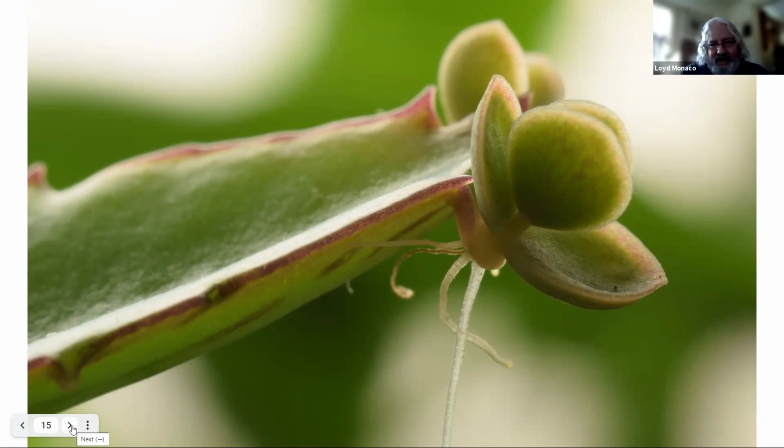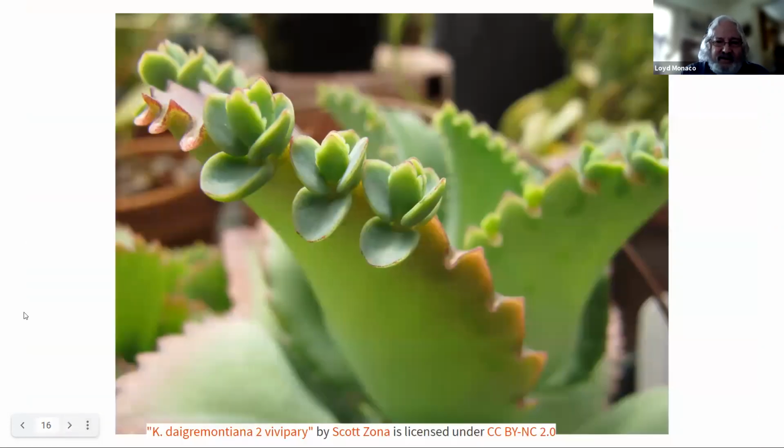No, this is a mother of thousands, because if you'll notice on the upper part, you can see the serrations. Even though the plantlets are at the very tip of the leaf, you can still see the serrations and that the plantlets are forming at the edges of the serrations, because you can see where that stem is joined in there on this image. Next slide, please.